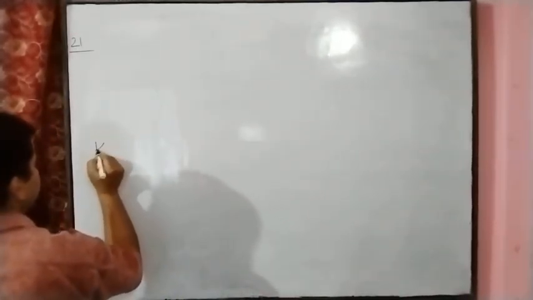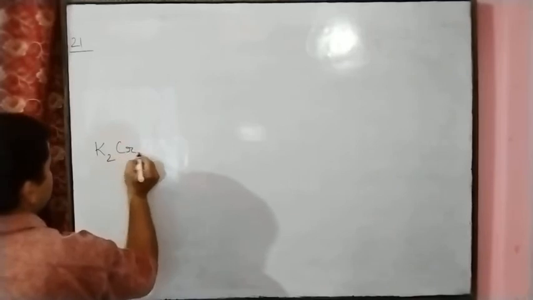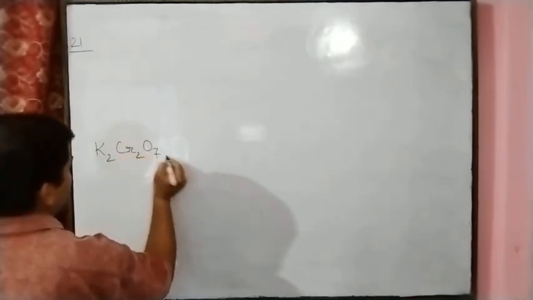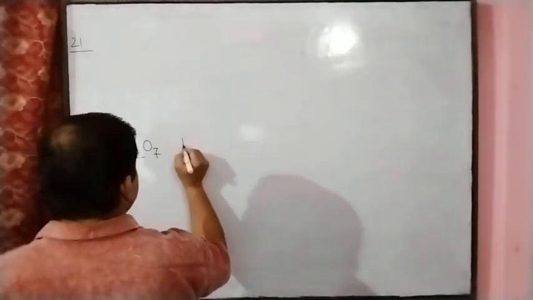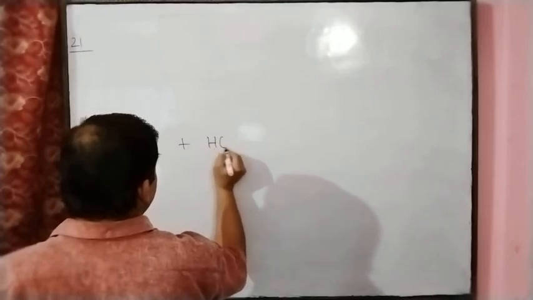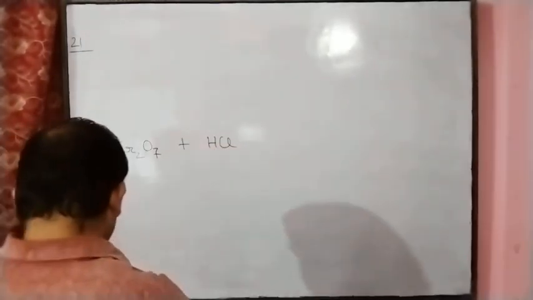Next, part number 24. Here we can see potassium dichromate, K2Cr2O7, plus HCl, hydrochloric acid.